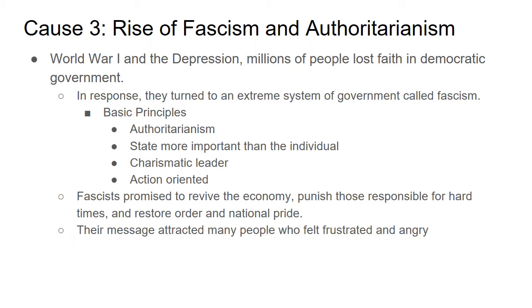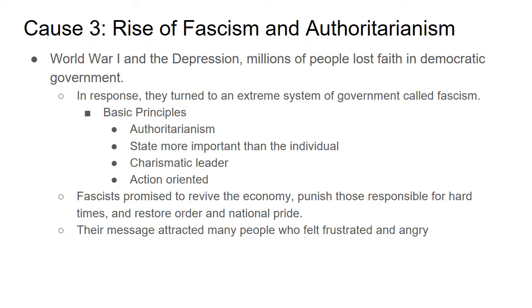Hand in hand with that is the idea that the state is more important than the individual. The state is supreme. Individual citizens' purpose is to uphold the state, to follow the state's direction, and to increase the glory of their nation.